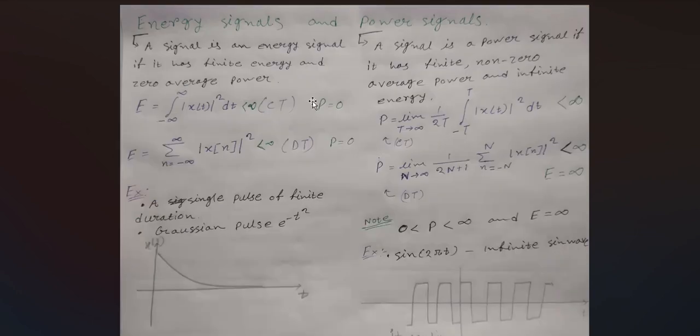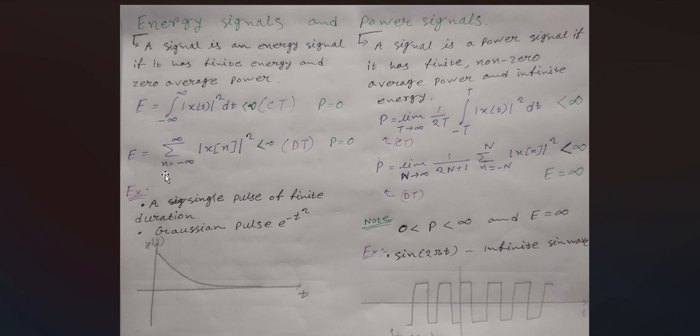Next part, energy signal and power signal. A signal is an energy signal if it has finite energy and zero average power. That means we have a finite value of energy, but the value of power is zero.